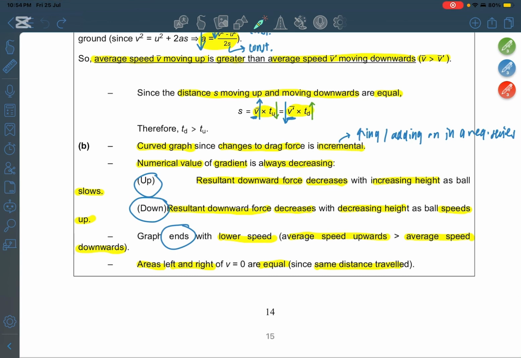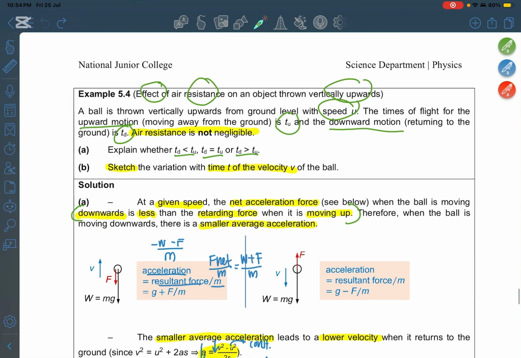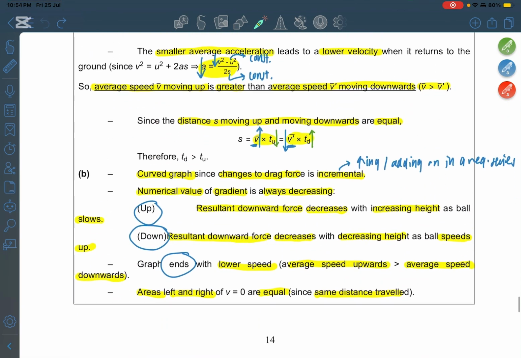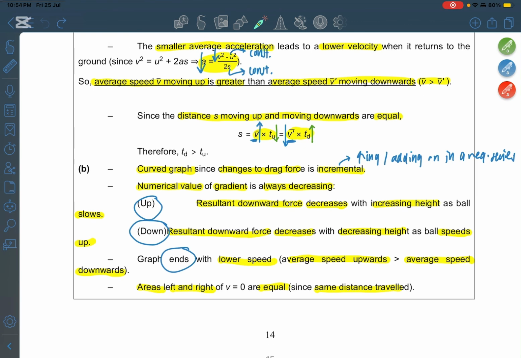It's a curved graph because the change in drag force is incremental. That means it keeps increasing and adding on, like the area of the series. Like as it's thrown upwards, drag force starts to slow it down even more because it's moving even faster.